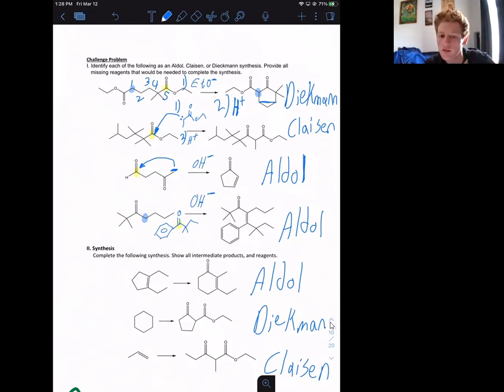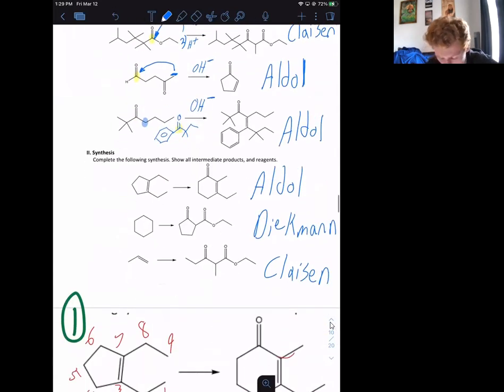And then aldol is similar to Claisen, except that you have the tetrahedral intermediate, and the nucleophile and electrophile have the same functionality, at least to attack, to make that carbon-carbon bond. And that's aldol and Claisen and Dieckmann.